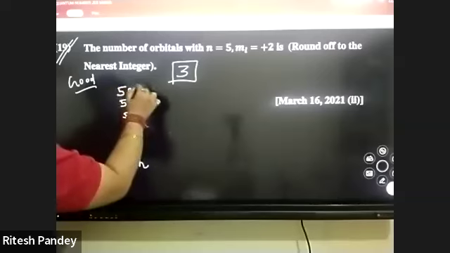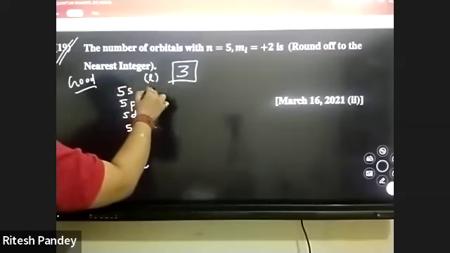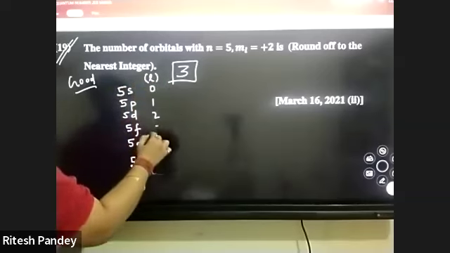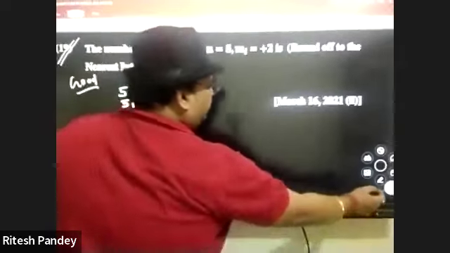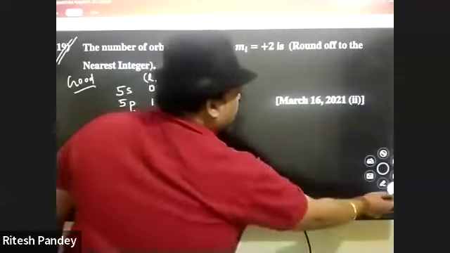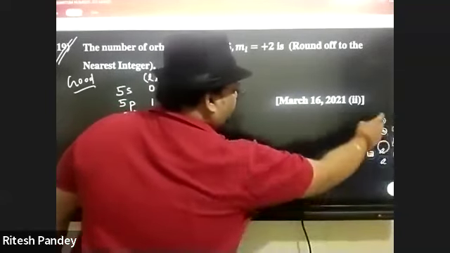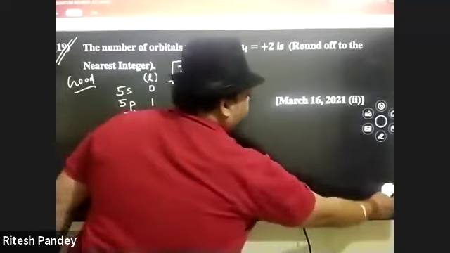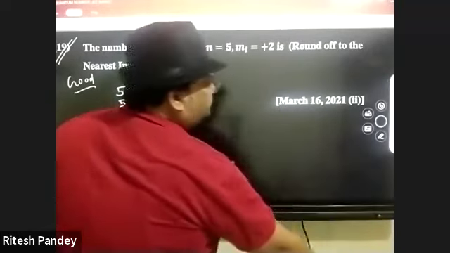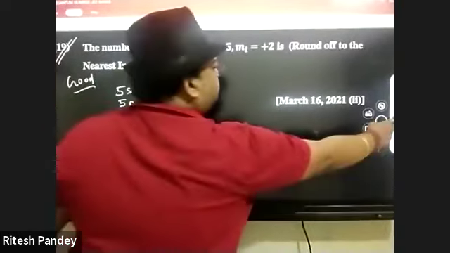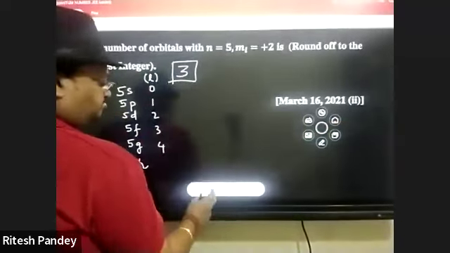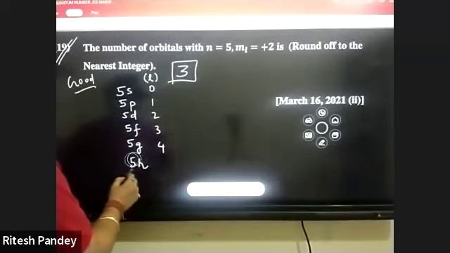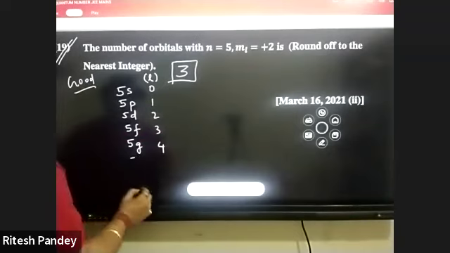For n equal to 5, the possible values of L are 0, 1, 2, 3, 4. ये सबको समझ में आ रहा है बच्चे लोग?